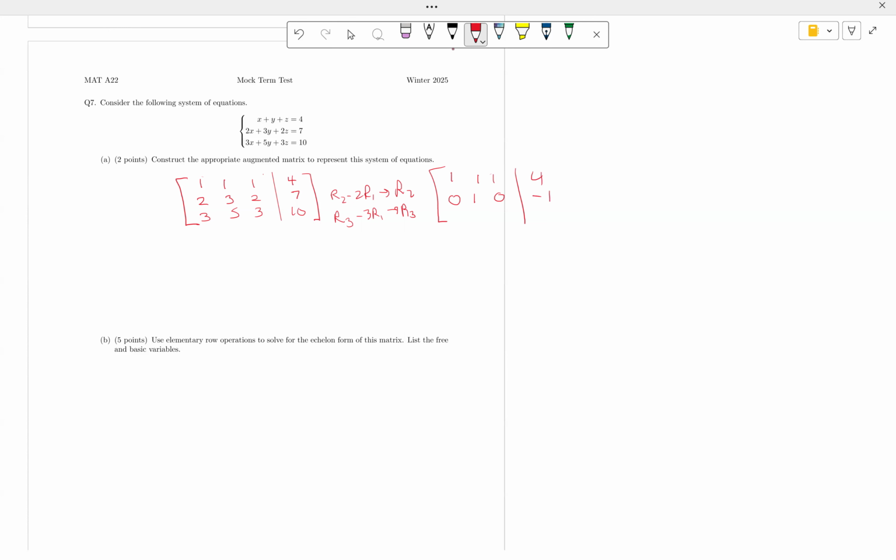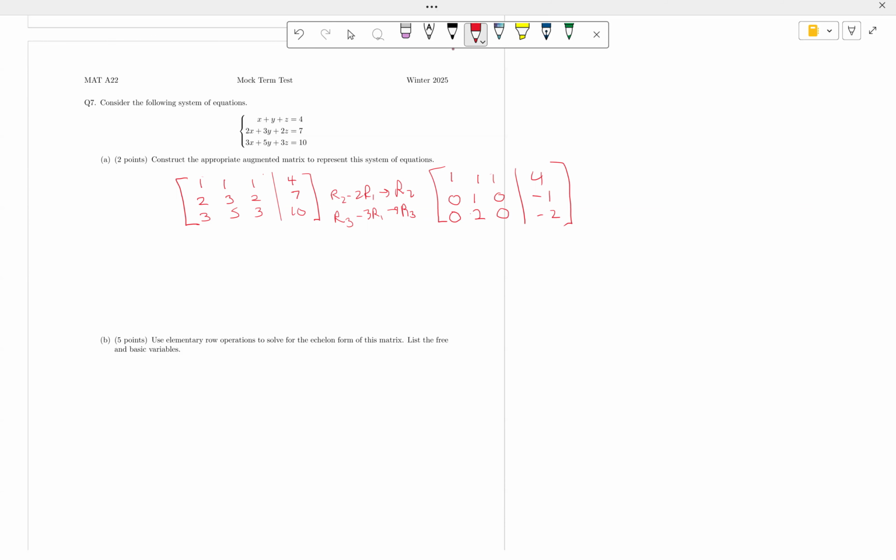The third one becomes 0, 2, 0, and then this becomes 7 minus 8, which is minus 1, and then this is 10 minus 12, which is minus 2. Okay. Now we've zeroed out the column.